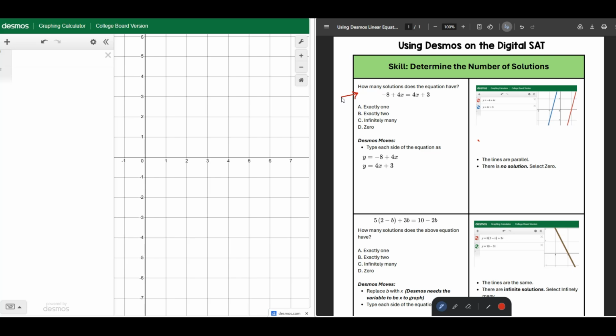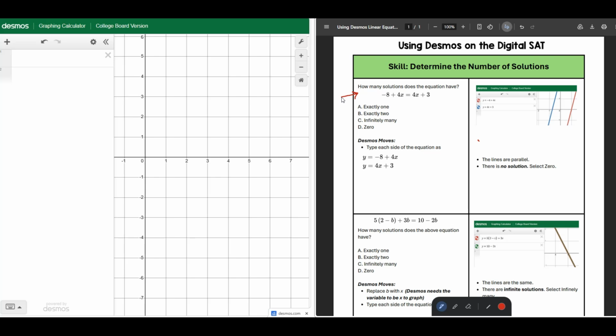Now, in the previous two videos of this series, we were solving linear equations. And in order to do that, we learned that we could type in the entire equation on one input line in Desmos, and it would give us a vertical line showing where it intersects the x-axis, and that would be our solution.